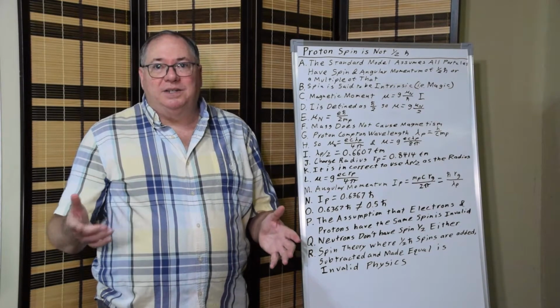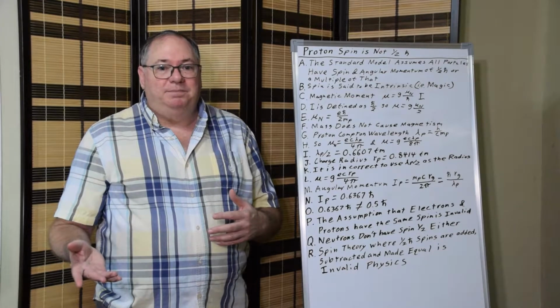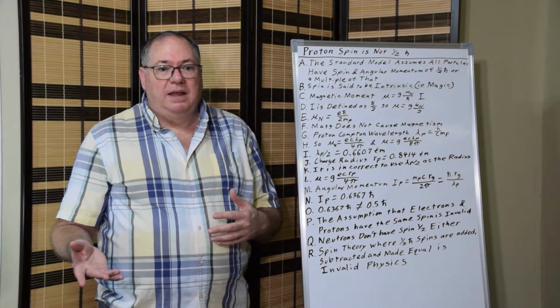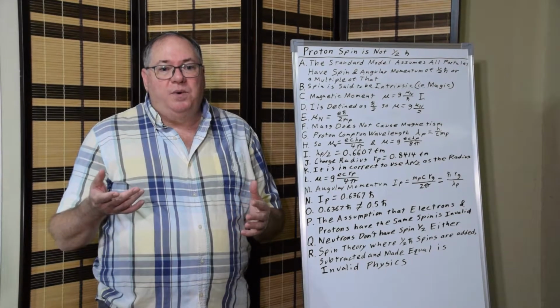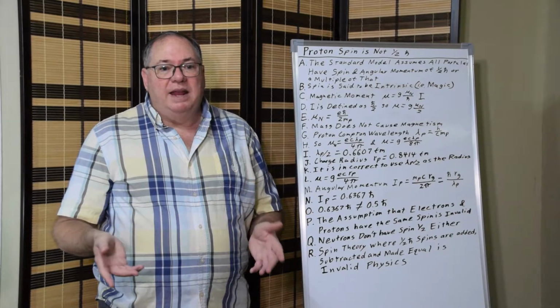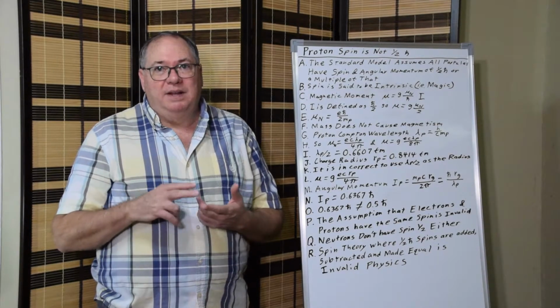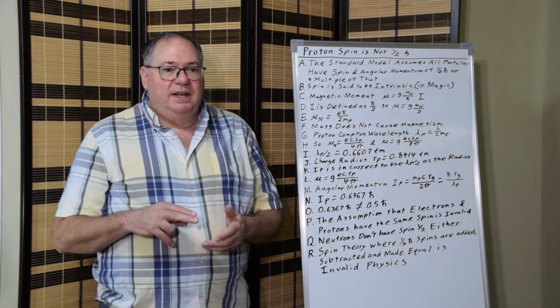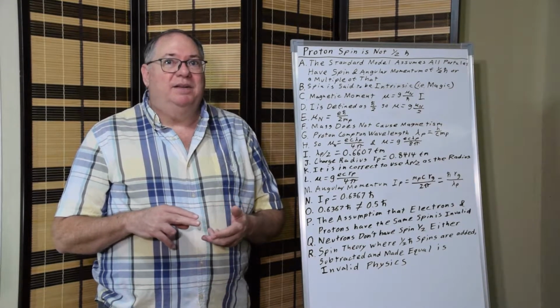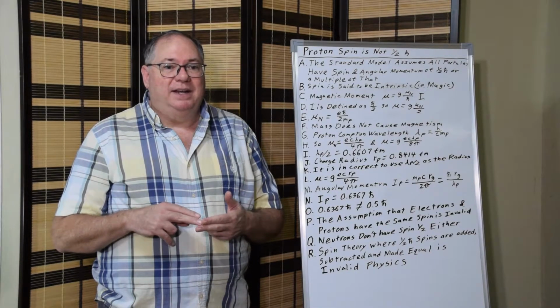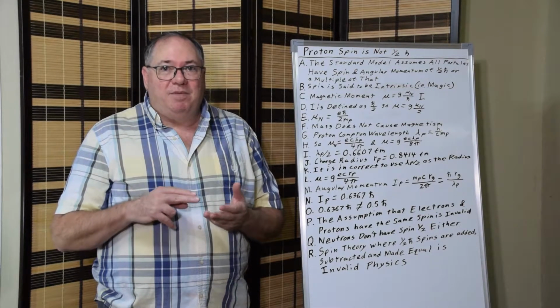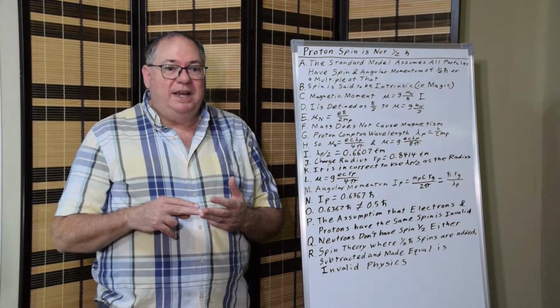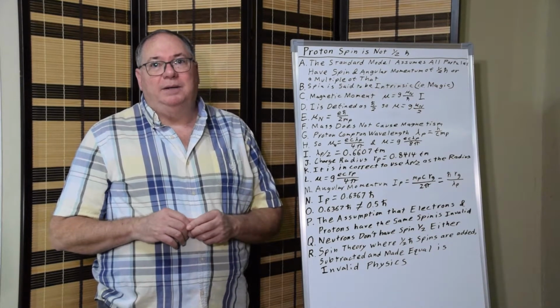And that ties back to the angular momentum. So, in reality, we have the magnetic moment being g, the g factor, times e, the charge, times c, the speed of light, times the charge radius, r sub p, divided by 4 pi.